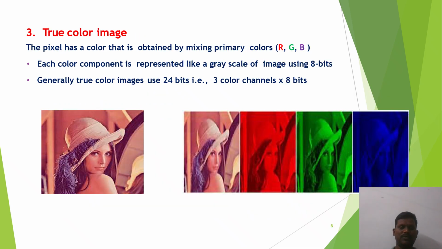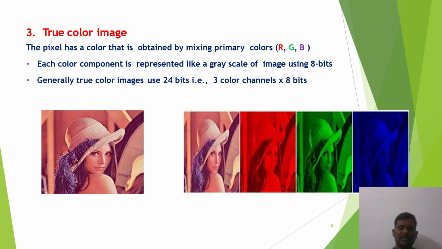The second type of image is the true color image. That means the color image consists of three channels: red, green, blue, RGB. By combination of the three channels, we get a color image.